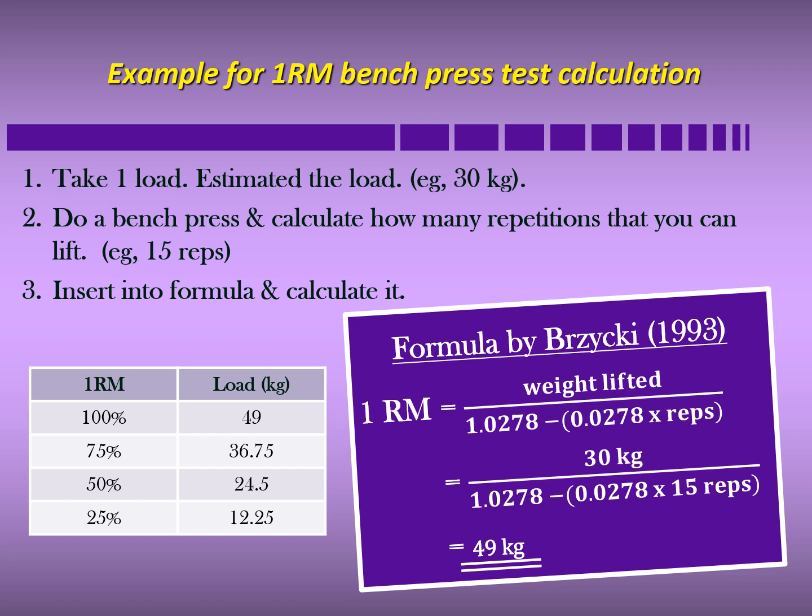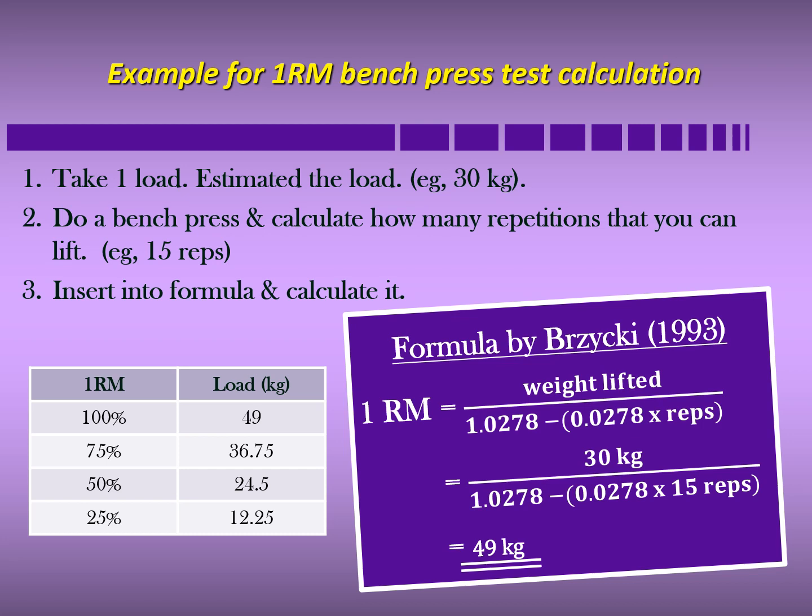For the first step, take one load. You can estimate any load. For example, here I take 30 kilograms. Second, because we want to do a bench press test, we do a bench press and count how many repetitions you can lift. When I take 30 kilograms, I can perform 15 repetitions, and then we insert it into a formula.